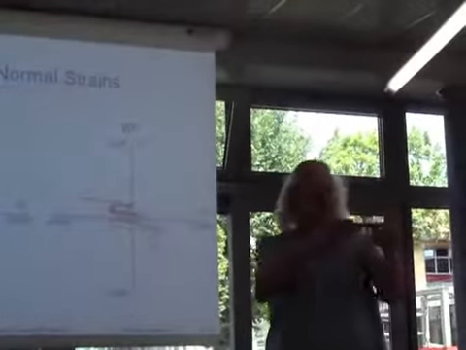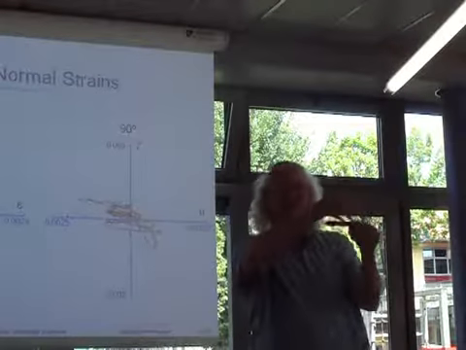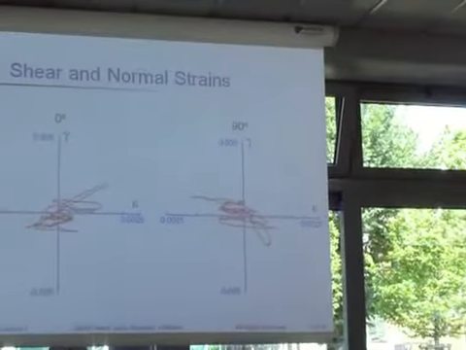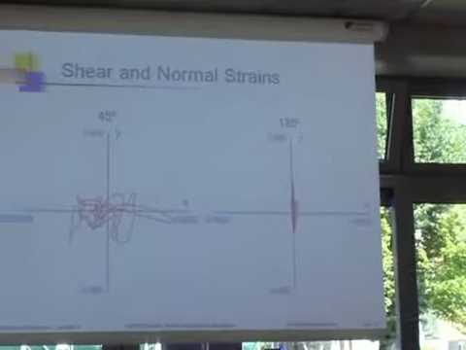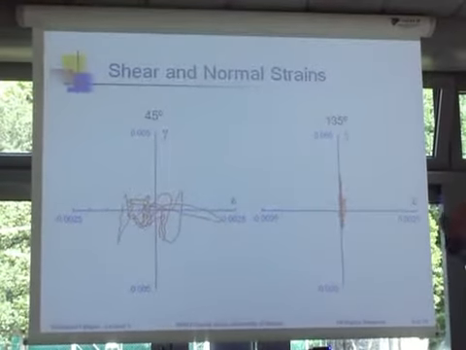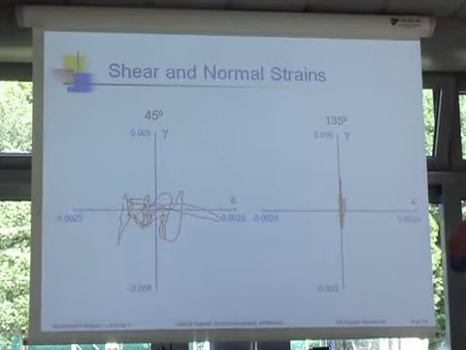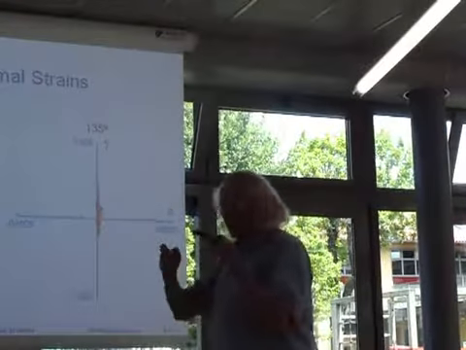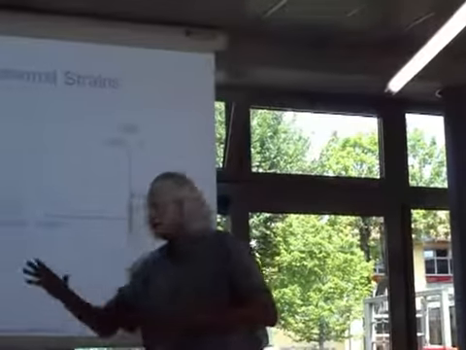So I say, okay, what happens in this direction, 90 degrees? And you get behavior that looks like this. And you can look at 45 degrees. What happens on a plane like this in the material?